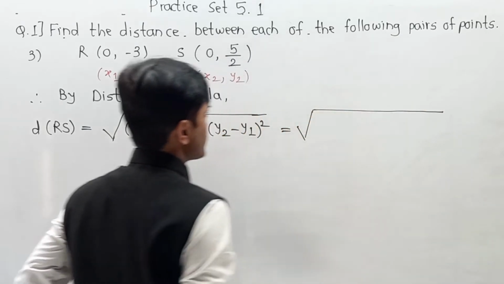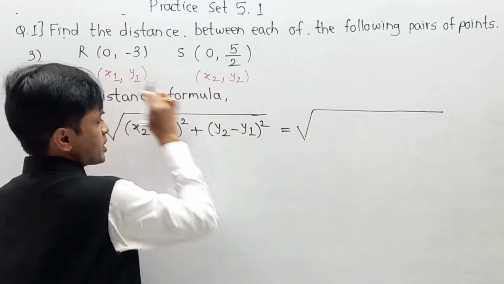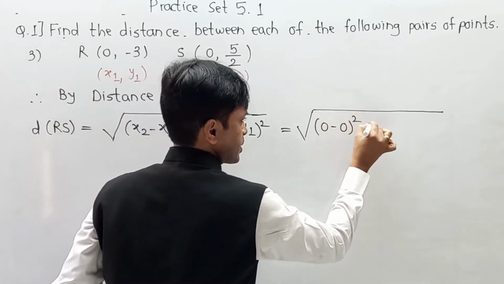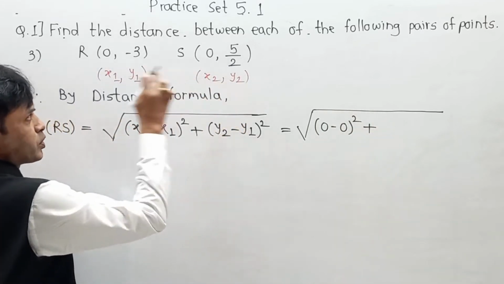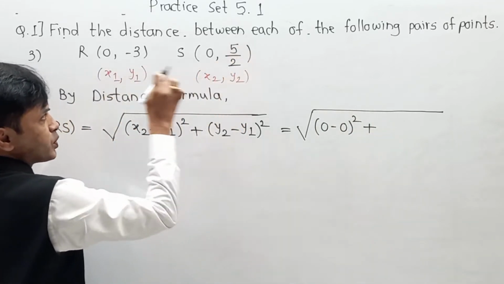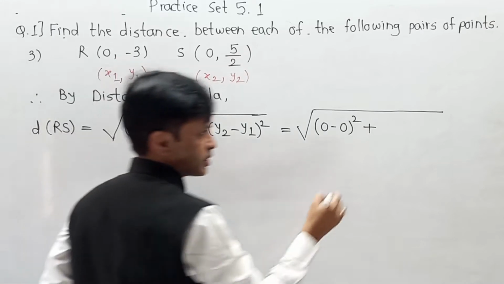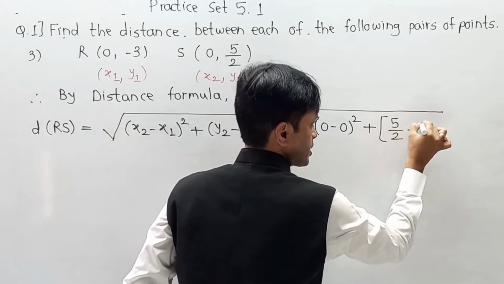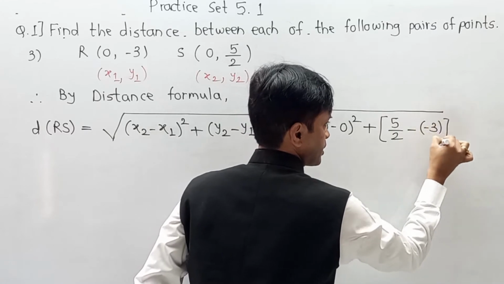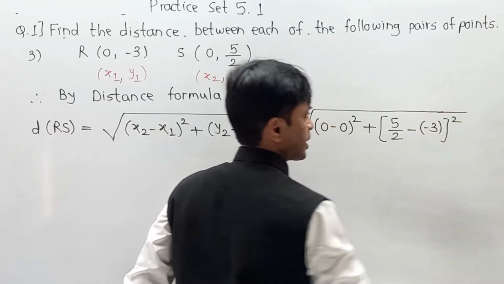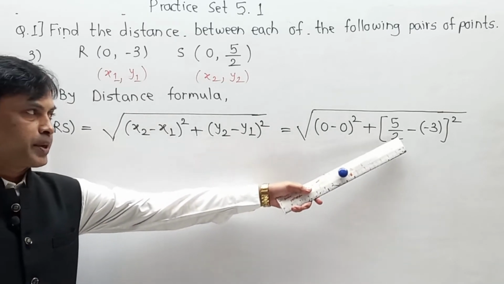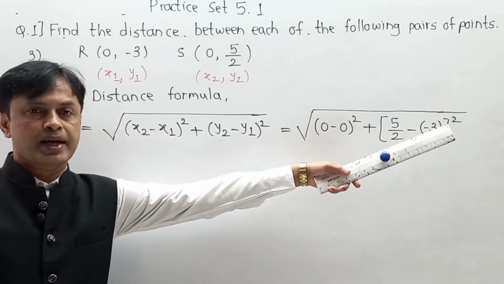in terms of calculation, x2 minus x1, so here it is 0 minus 0 squared plus y2 minus y1, 5/2 minus of minus 3, squared.